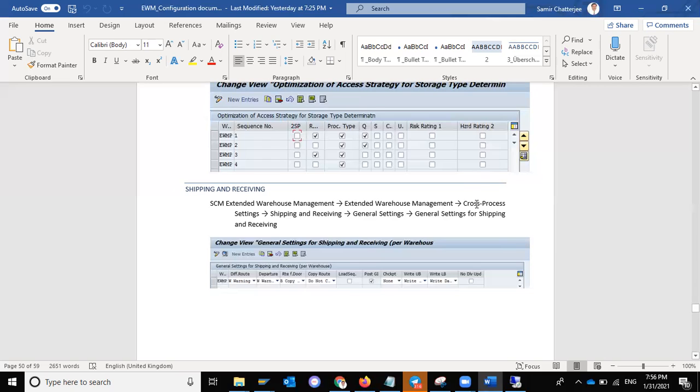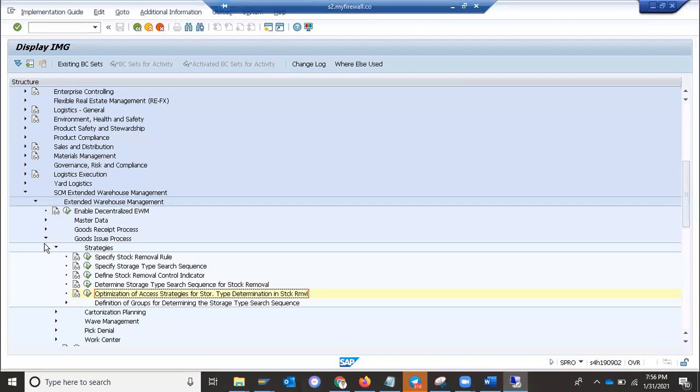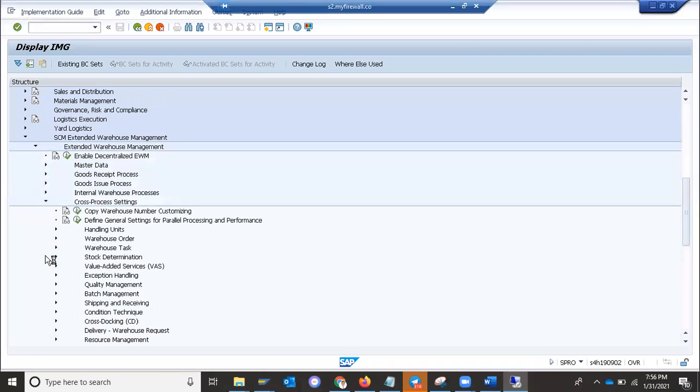So there we have got cross process setting. Under cross process setting, we have got the shipping and receiving general setting. Okay, shipping and receiving general setting. So there we can have some setting for international customers and vendors. So let us see for shipping for international customer and vendors. It is under cross process setting, right?